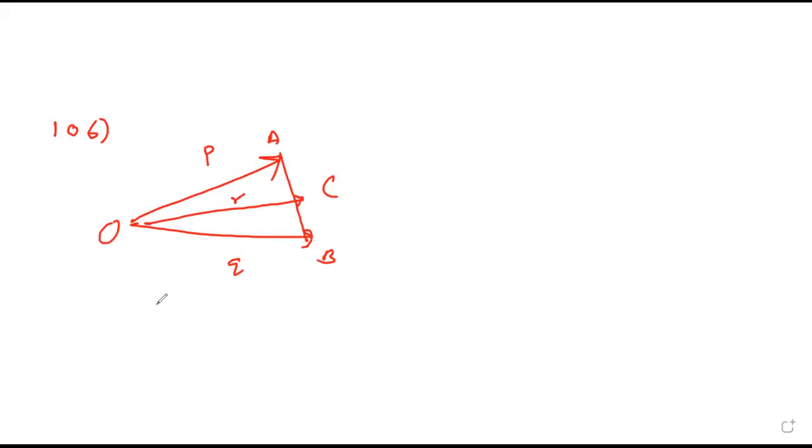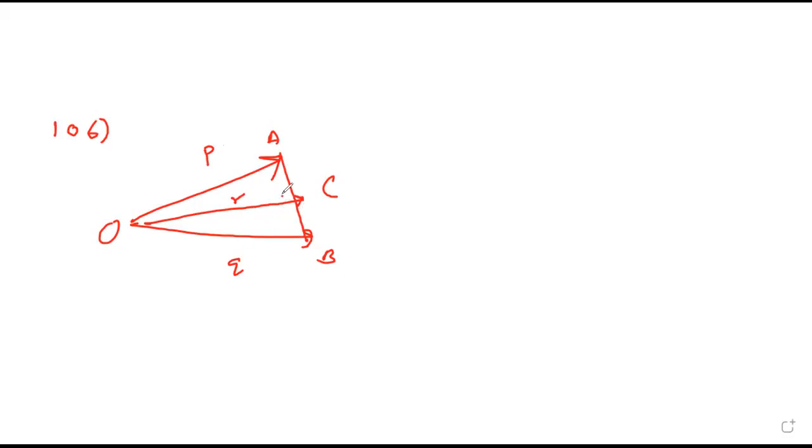Then which of the following relation is correct? C's midpoint means what? AC is equal to BC, CB. Magnitude wise, AC will be same as BC, na? Yes, magnitude of AC is equal to BC.